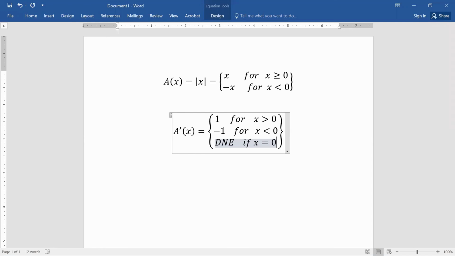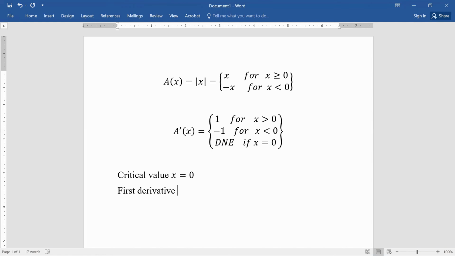Now, the only time the derivative could be 0 or not exist is if x is equal to 0. And so in this case, we have a critical value of x equals 0, because that's the only place where absolute value does not have a derivative. Now, technically, the first derivative test should not be used.